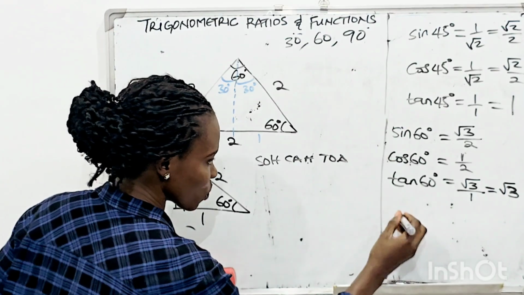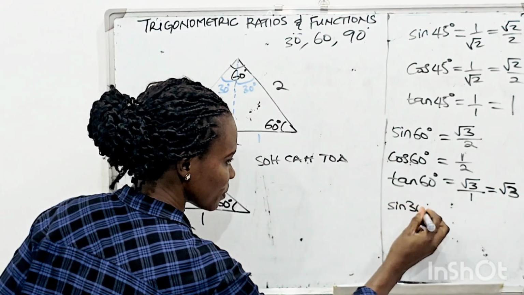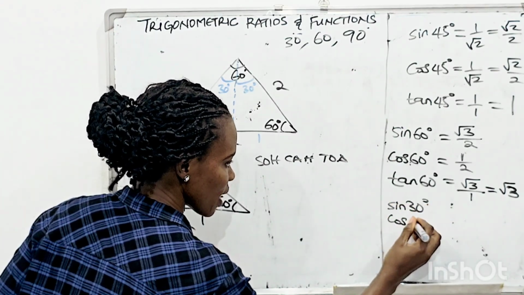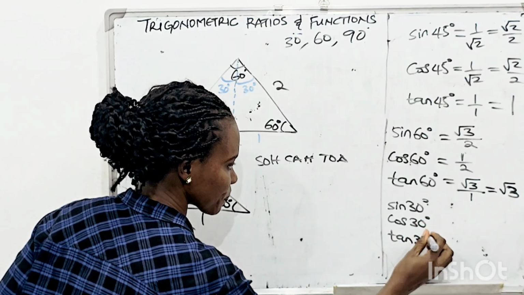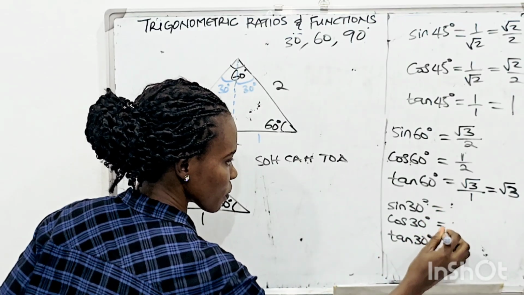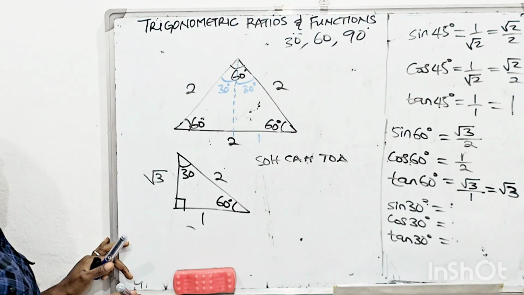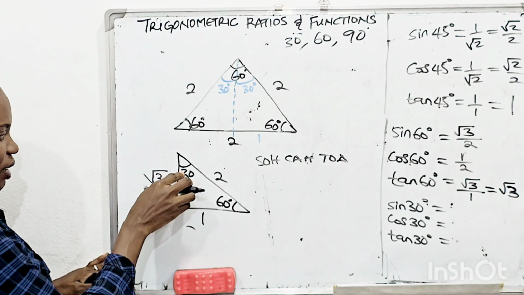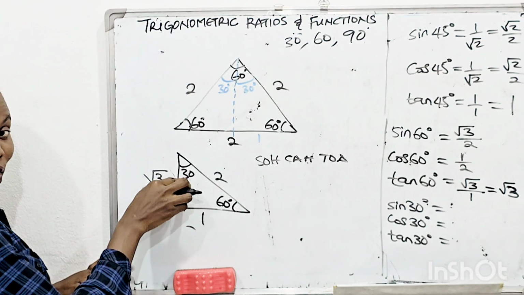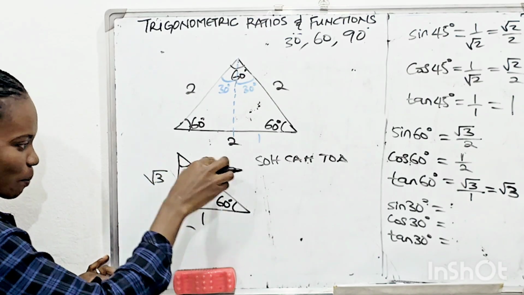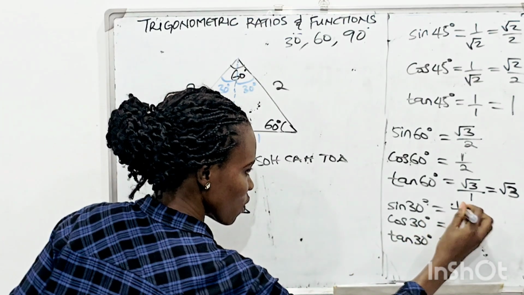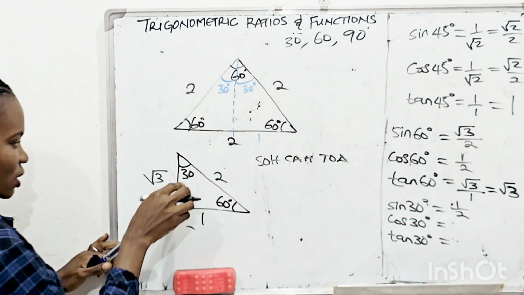So for 30, we have the same: sine 30, cos 30, and then tan 30. Are you getting it? So let's go to sine 30. We are now working with this particular angle. So sine is opposite over hypotenuse.